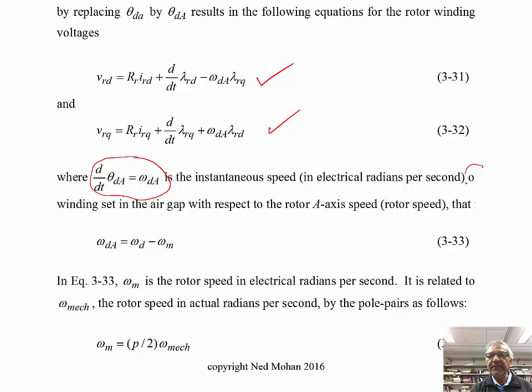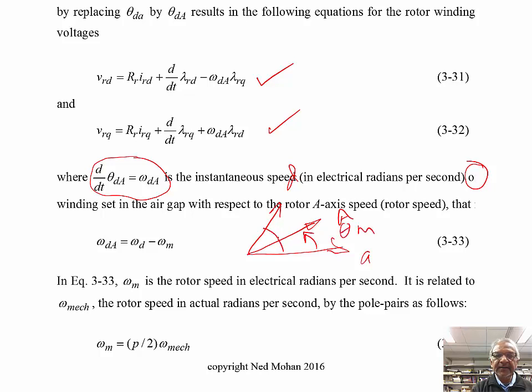I'm not sure what this term here is, but anyway, this omega dA is equal to omega d minus omega m, and you can see that very clearly here. This is the A axis, this is the rotor A axis, this is the D axis over here, and this angle here is theta dA.